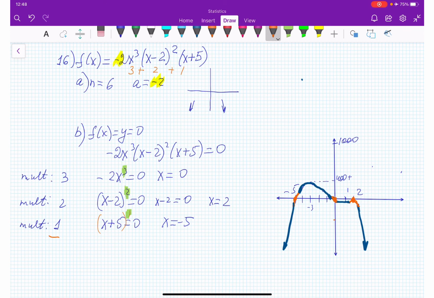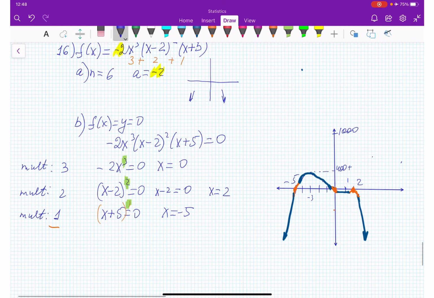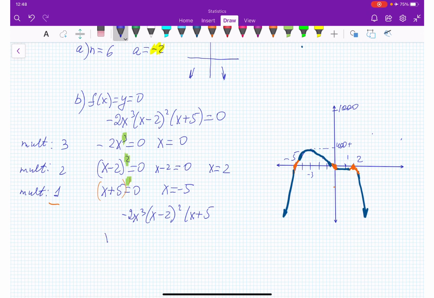Do you want to calculate it? Okay, let's calculate it. x is equal to 1. Let me do this one so you won't have a question hanging over your head. So negative 2x cubed, (x minus 2) squared, (x plus 5). We are taking x equal to 1, this point, right? So I'm getting negative 2 times 1 cubed, 1 minus 2 squared, and 1 plus 5.